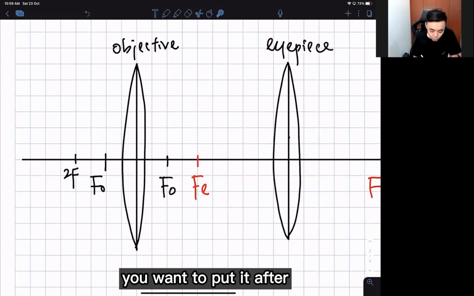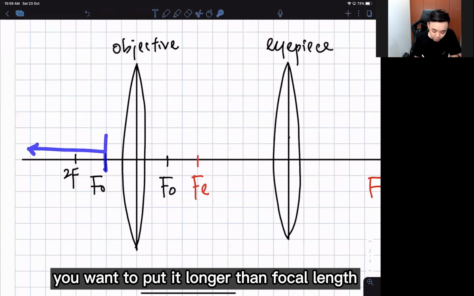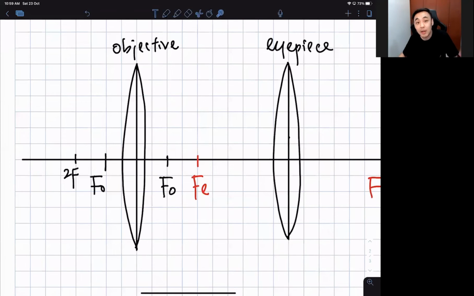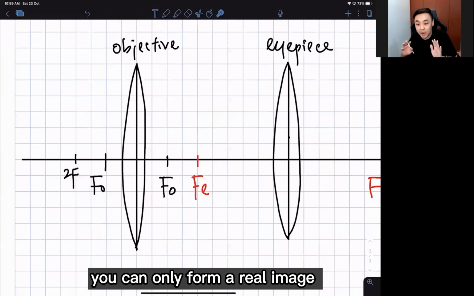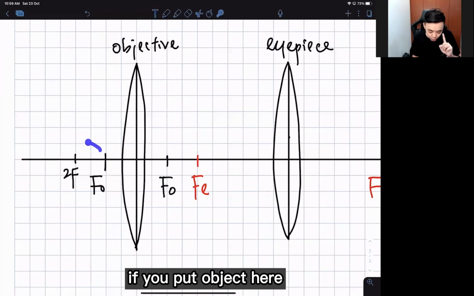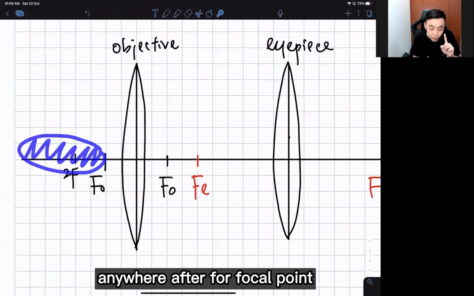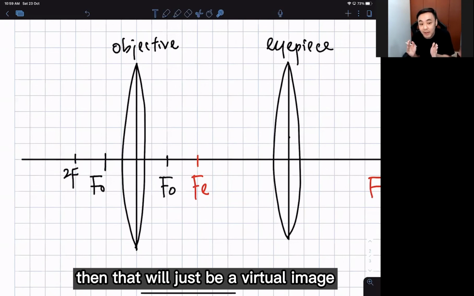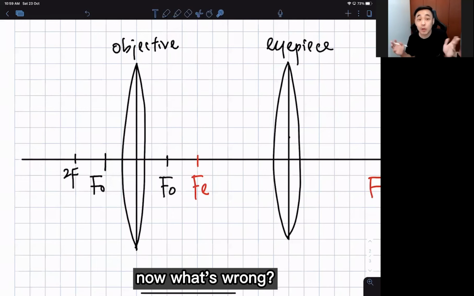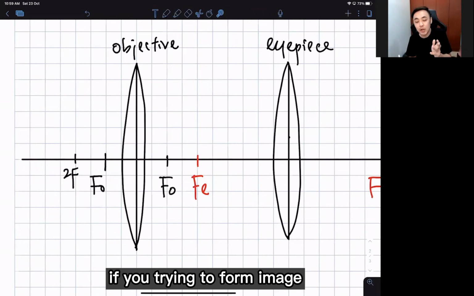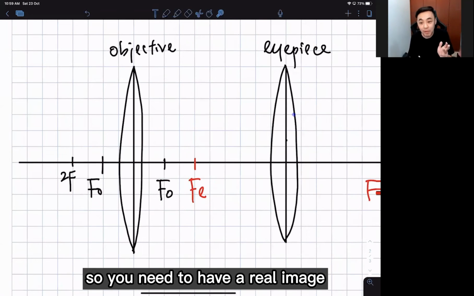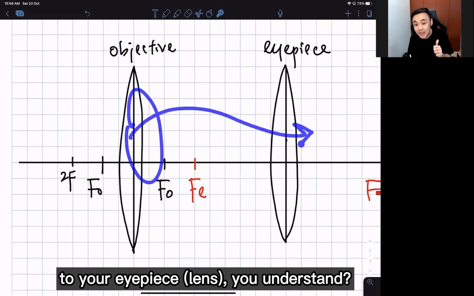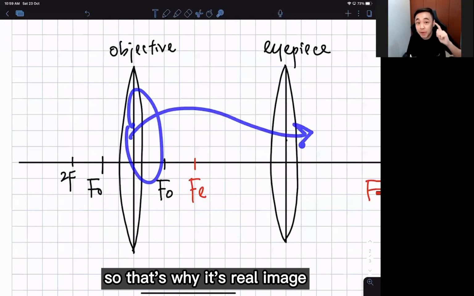First thing is you want to put it beyond the focal length, because you're trying to form a real image. You can only form a real image if you put the object anywhere after the focal point. If you put it on the focal point or before the focal point, then that will just be a virtual image. Now, what's wrong? You're trying to form an image for the eyepiece. So you need to have a real image from the objective to project to your eyepiece. You understand? You're trying to project over, so that's why it's a real image.